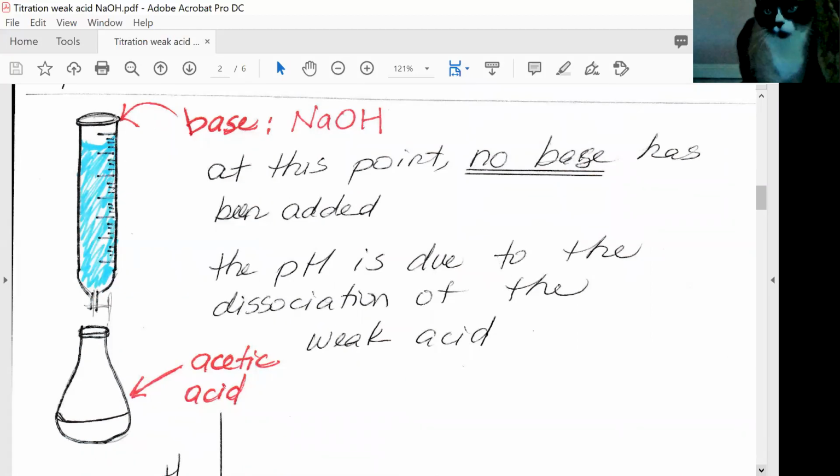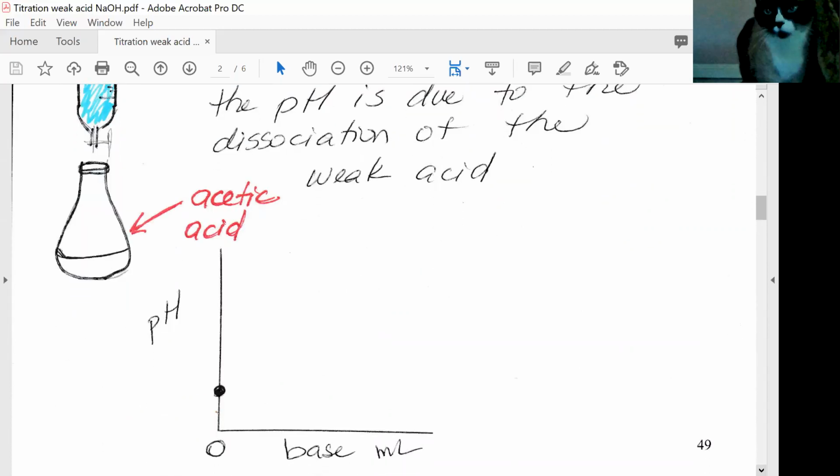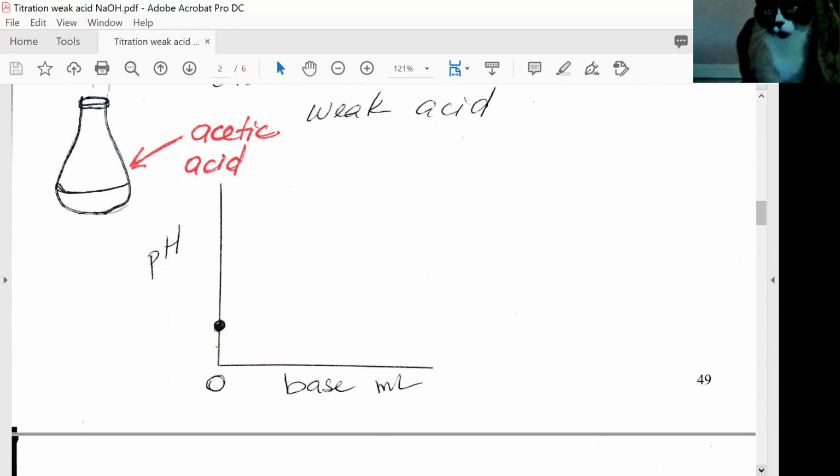So our acetic acid is in our container. I drew it earlier in my picture for you. We would have a pH probe in here, but I didn't want to try to draw that. So if we look at our titration curve at this point, we have 0 base added. So our pH would be pretty low, and it's just due to the dissociation of the acetic acid.